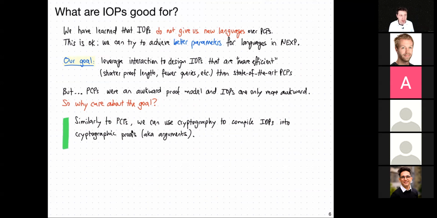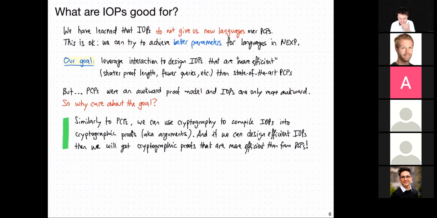You can do the same for IOPs, and implement the query access there too. Because of this connection, if we can design efficient IOPs, then we will get cryptographic proofs that are potentially more efficient than what we could have done starting from PCPs alone, okay?